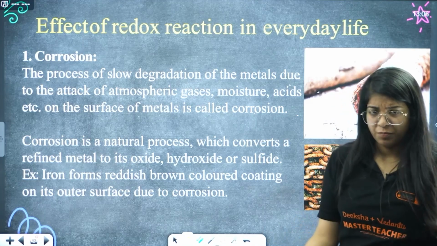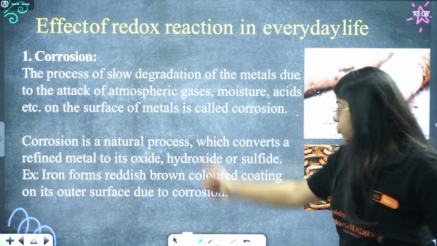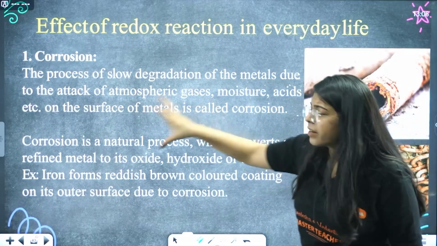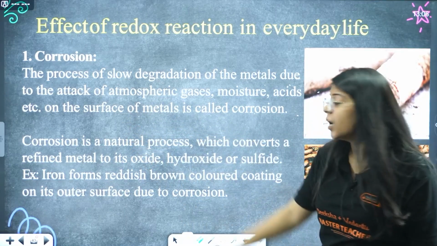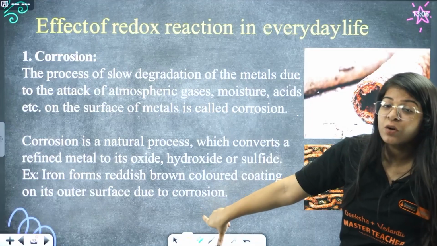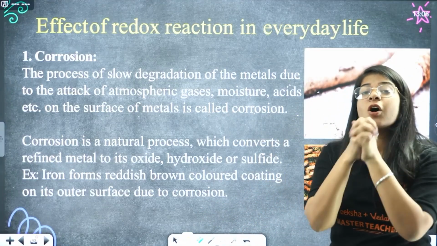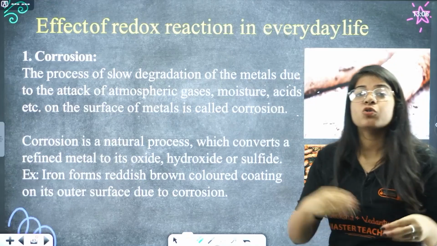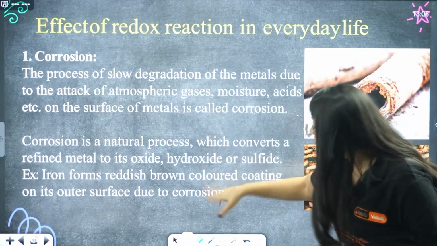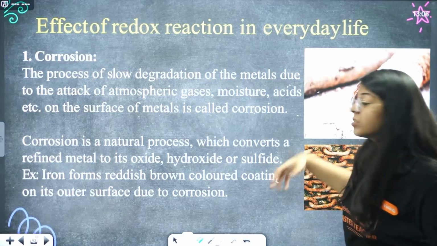Corrosion is a natural process. Of course, there are lots of gases in our atmosphere. That is natural. So it's a natural process which converts a refined metal, a good metal, to its oxide. See, it is reacting with oxygen, right? So when the metal reacts with oxygen, it creates its oxide. That means oxidation happens, right? Or hydroxide, when hydrogen and oxygen both react with it, or sulfides.